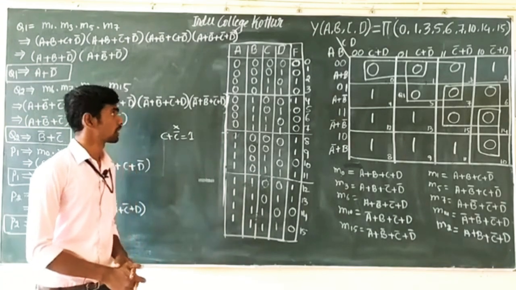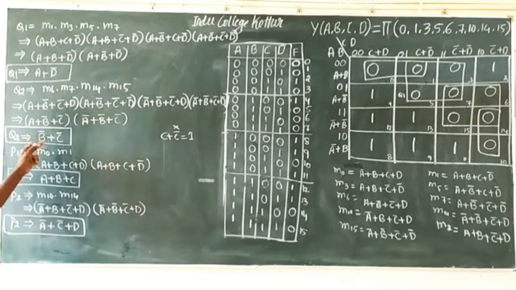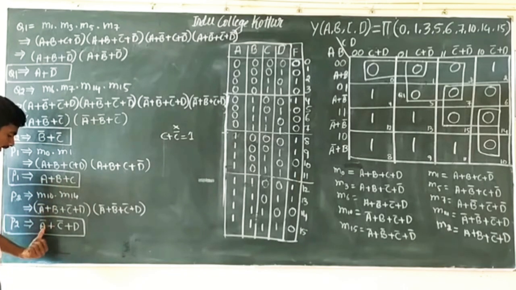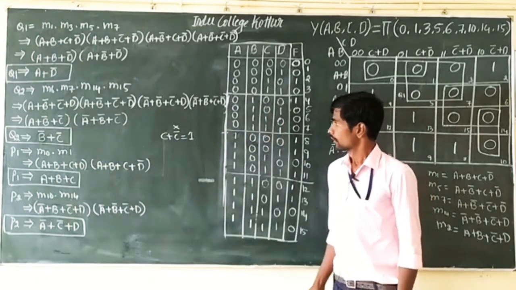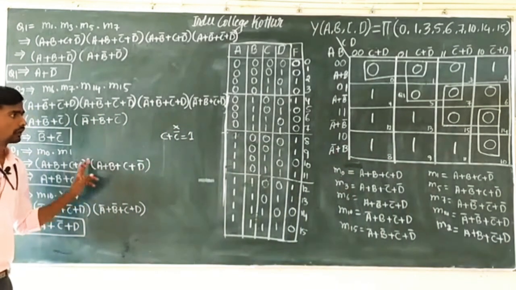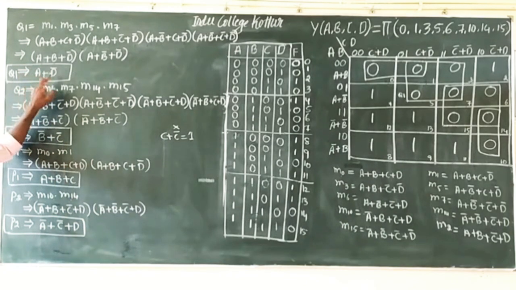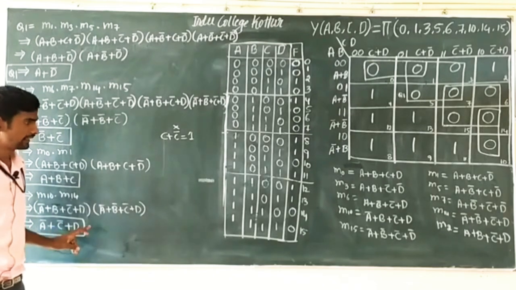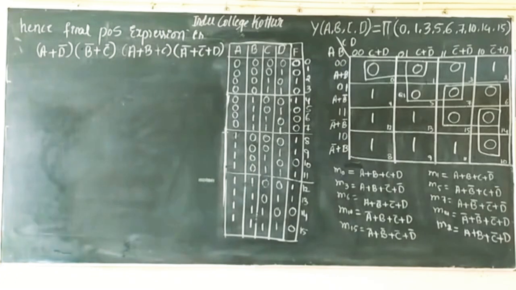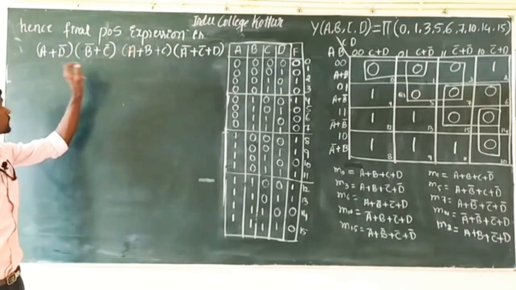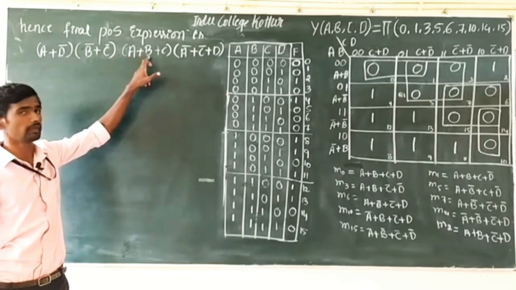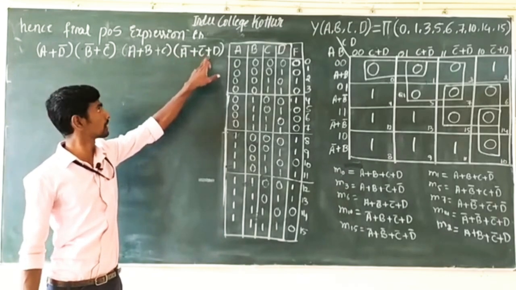POS means product of sums: A plus D complement into B complement plus C complement into A plus B plus C into A complement plus C complement plus D. Hence finally we get the final POS expression: A plus D complement into B complement plus C complement into A plus B plus C into A complement plus C complement plus D.